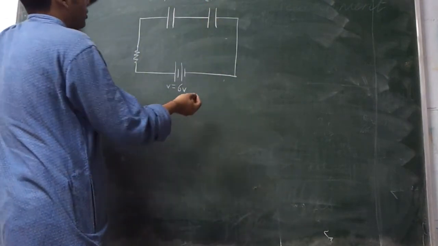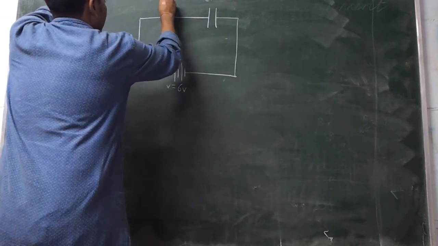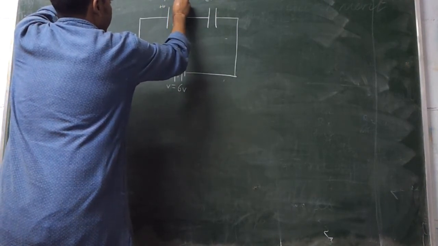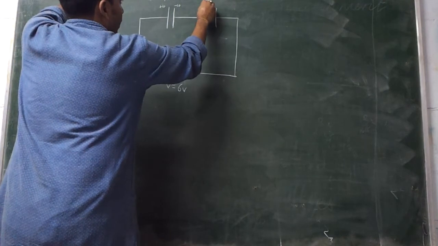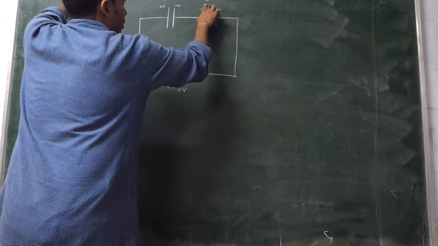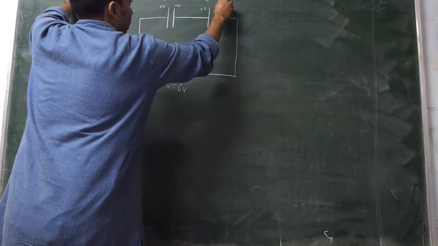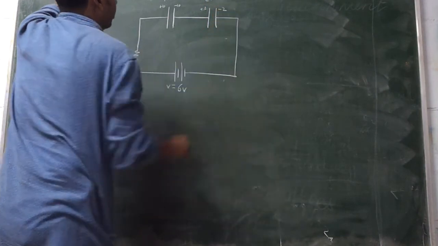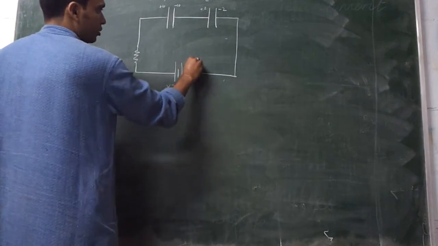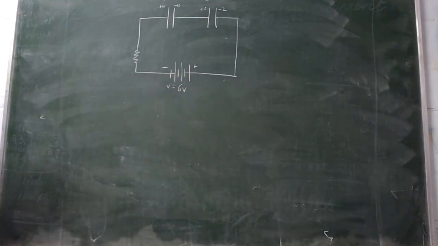The charges on this are plus 10, minus 10, and on this plus 2 and minus 2. Let us assume this is plus and this is minus. So this was the initial condition.